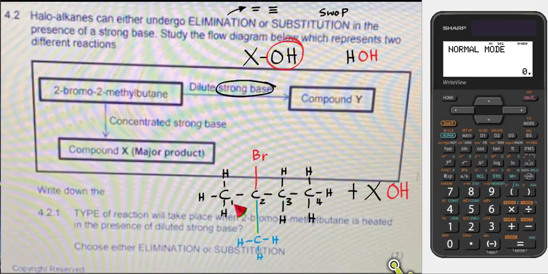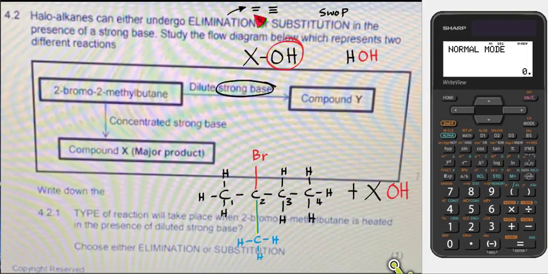I mean, you can substitute there, but somehow you must eliminate, because you don't have double bonds here. You're not breaking double bonds, you want to form them. You want to make these double bonds. Can you see that?